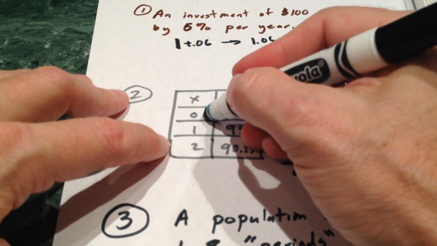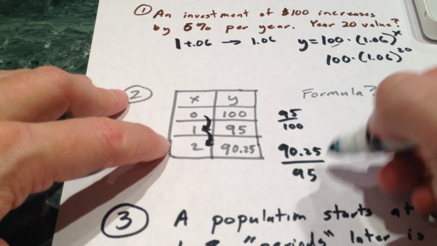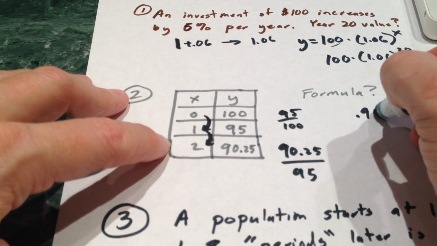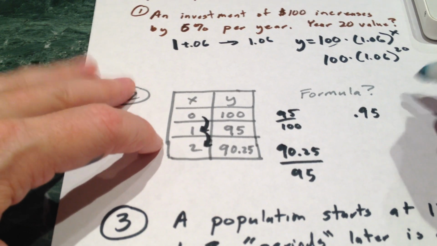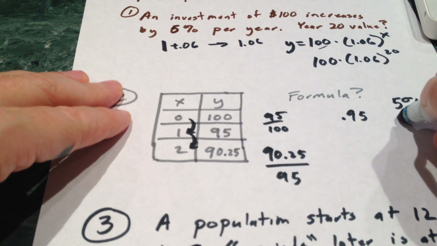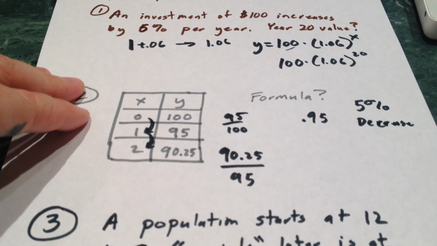Now these tables have to be 1 apart for this to work this way, but either way, when I do that, I'm like, oh, this is a multiplier of 0.95, which actually would correspond to a 5% decrease, because we'd take the 1 and we'd subtract the 5%.